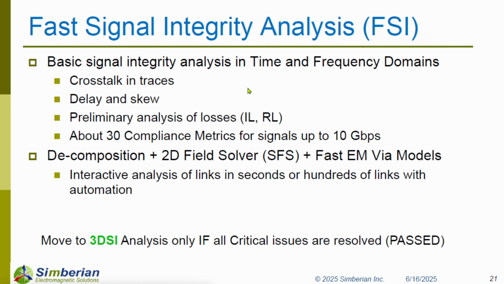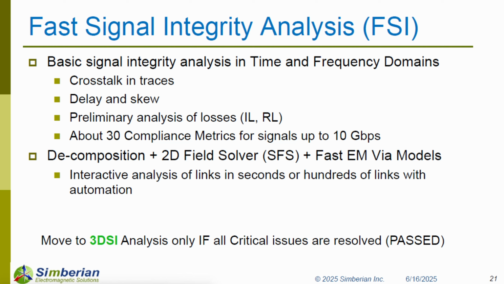It's a basic signal integrity analysis in time and frequency domain. It allows evaluating more accurately crosstalk and traces, delays, skew, preliminary analysis of losses. If we don't pass on insertion loss, for instance, there's no way we can pass it with a more accurate 3D analysis.